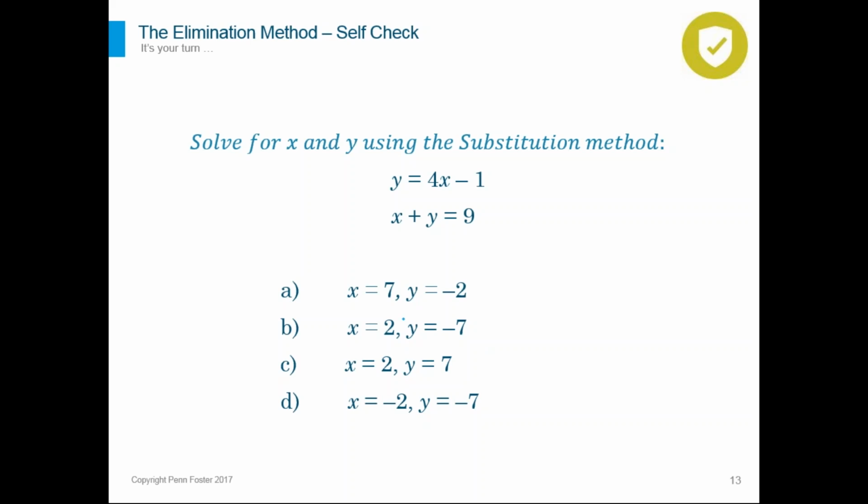Now, just to give you a hint here, the first equation is already rewritten. They give you y in terms of x, so this is the expression that you will use in place of the y.